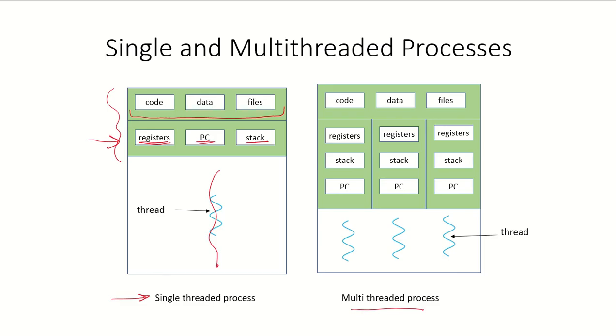For a multi-threaded process, there can be multiple threads which will be sharing the same code, data and files. But each thread will have its own set of registers, stack and program counter. So while they are sharing a few resources, there are some resources which are specific to a thread.